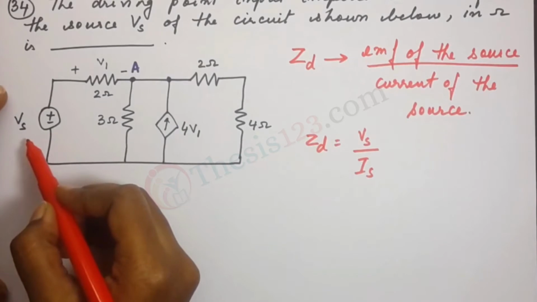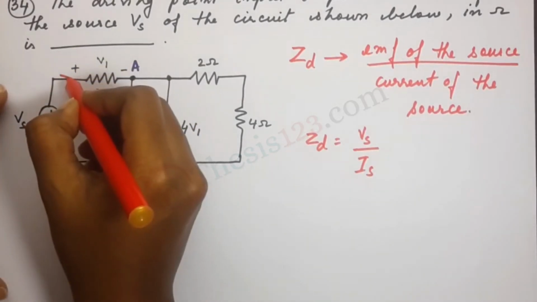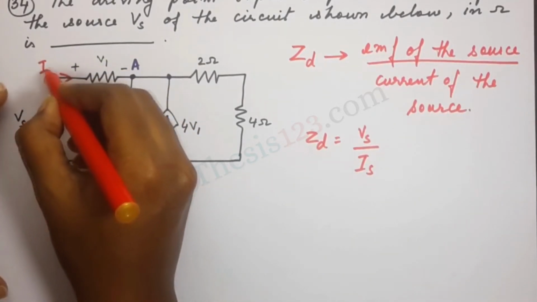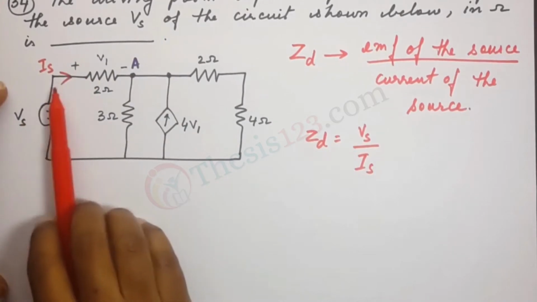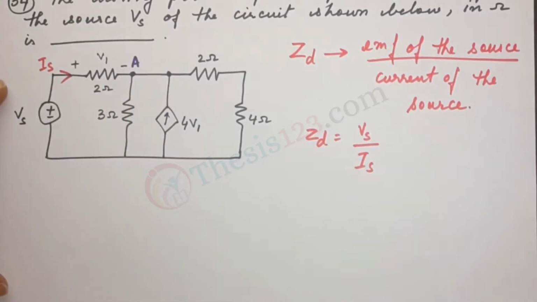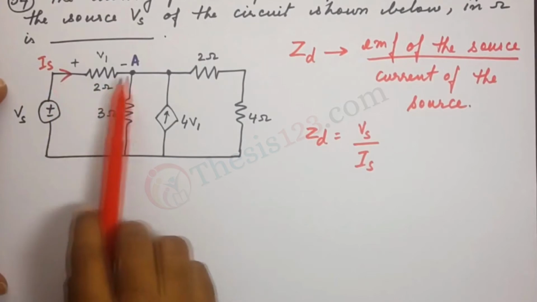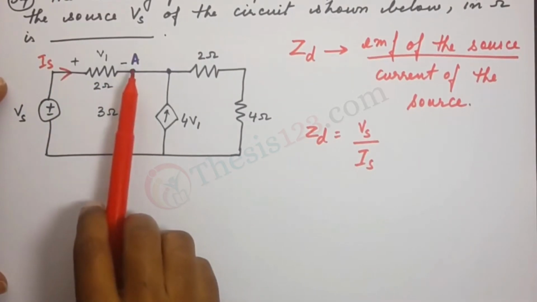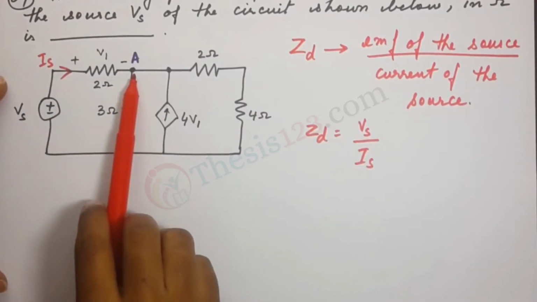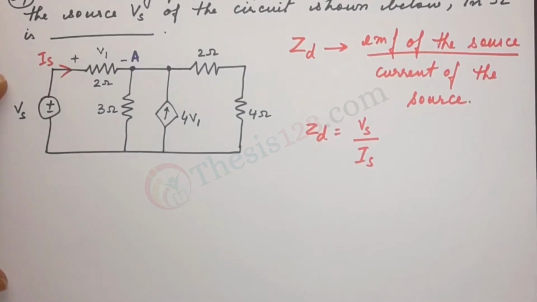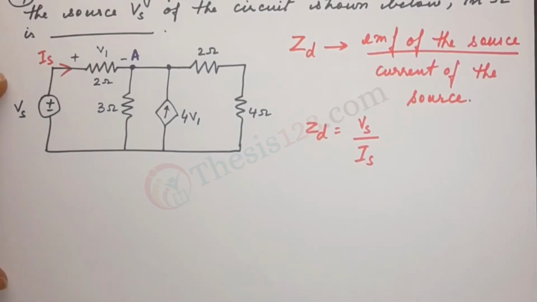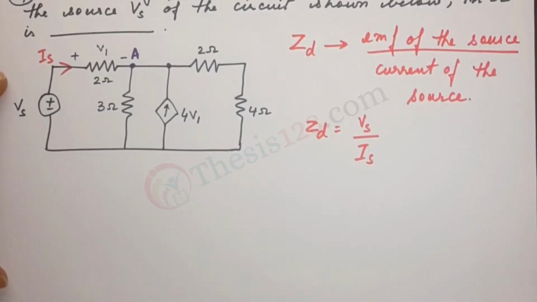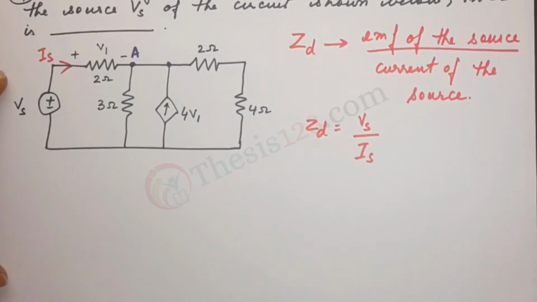Now Vs is the source voltage, which means that here is our Is, the current that is passing through this branch over here. So let's take the point A and try and write down the KCL. We'll apply the KCL at point A and write down the current equation and see how it goes from there.